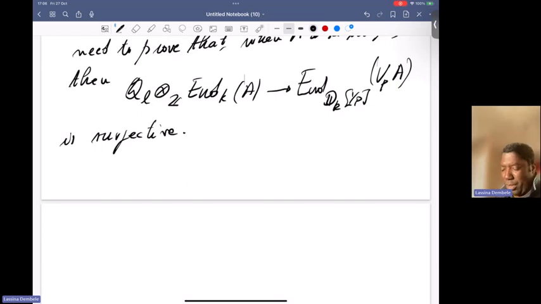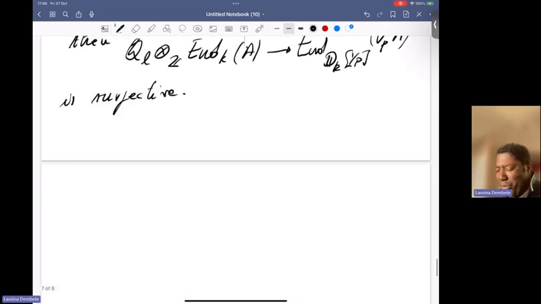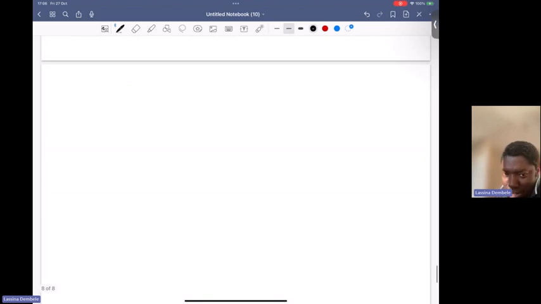So this would be the only part that is new in what we're going to prove. And in order to prove that, we are going to start with a lemma. The lemma says the following.